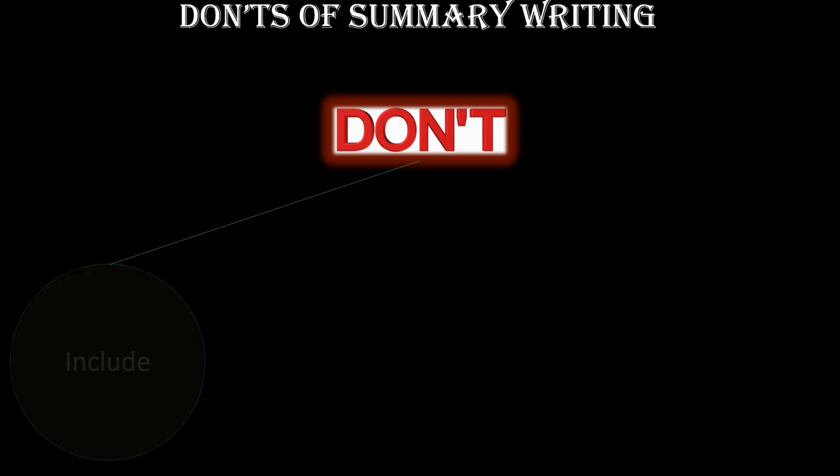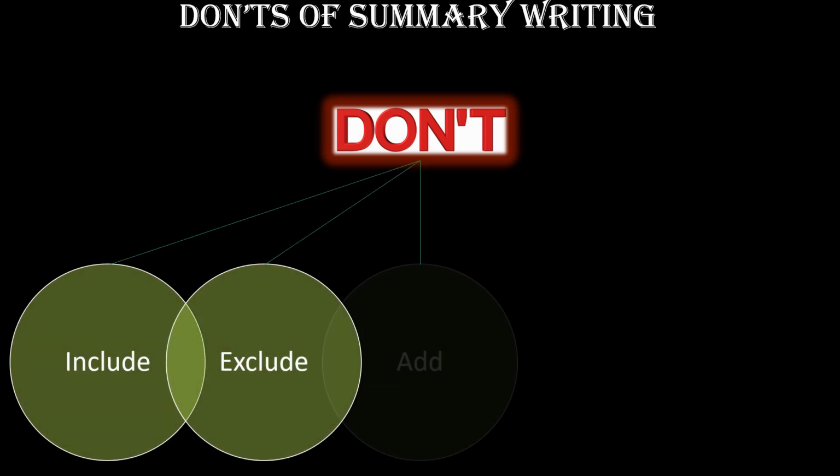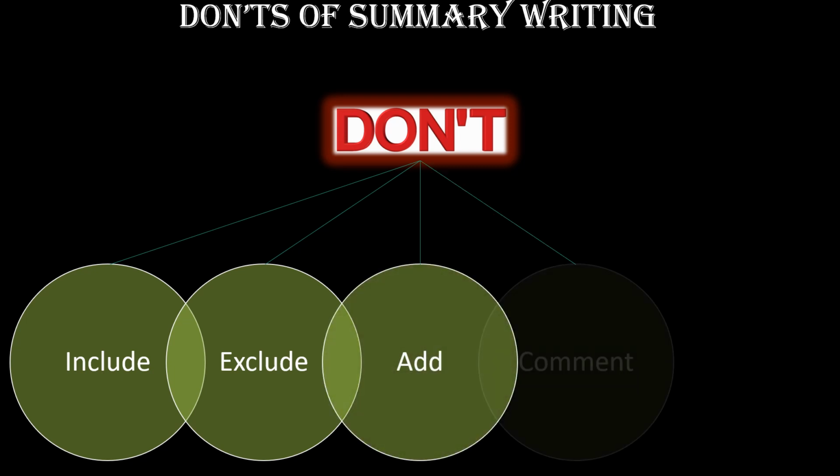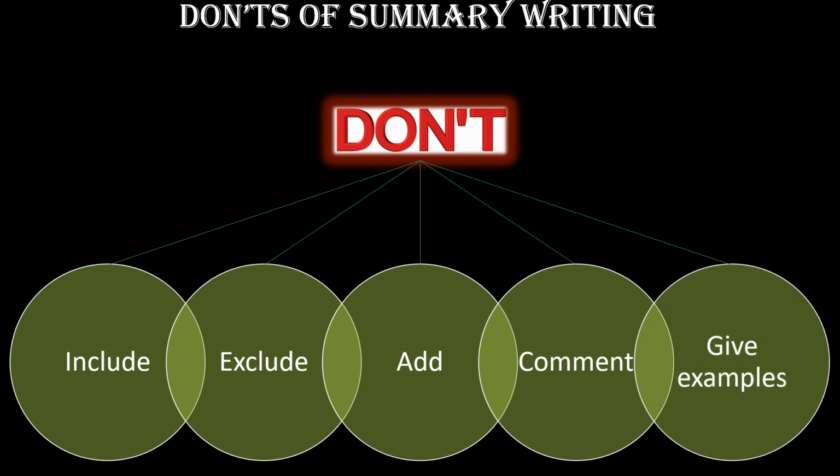Now, what are the don'ts of summary writing? So don't include your own ideas, your own examples, your own views. No, it is not personal interpretation. It is just summarizing. Don't exclude any important point, idea from the passage. Don't add anything.